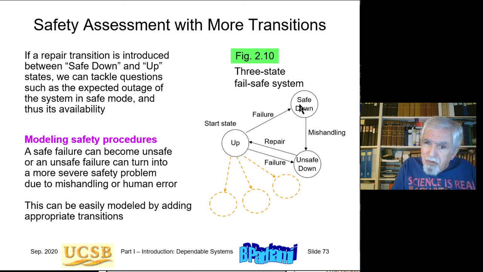Sometimes when the system goes into the safe down state, something happens and it actually transitions into an unsafe state from there. We have to watch out for these transitions. So we can make this model as complex as we care to in order to more accurately model the system.